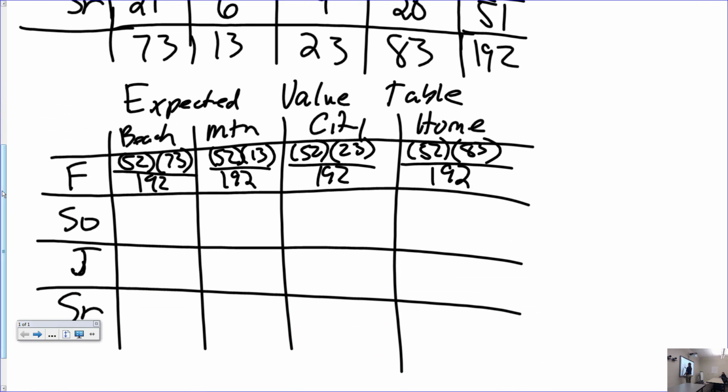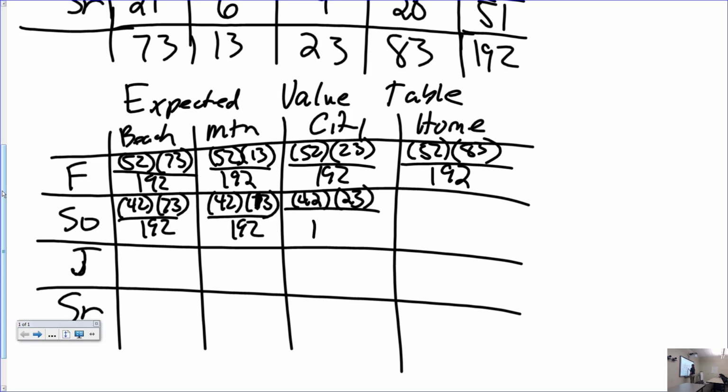Rinse and repeat now with 42, right? 42 times 73 over 192. 42 times, oops, not 73, 13. 23 over 192. 42 times 83 over 192.